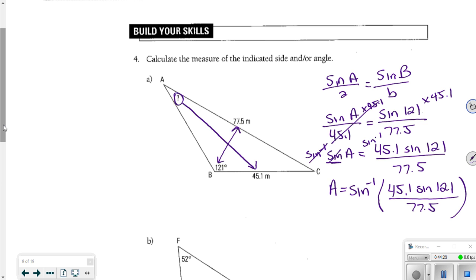When you put this in your calculator, you're going to do second sine, a big bracket, type it all in. It should give you, in this case, 30 degrees. If it doesn't, double check with Ms. Cost and make sure you're putting things in your calculator right.